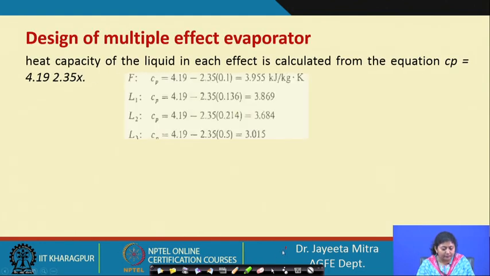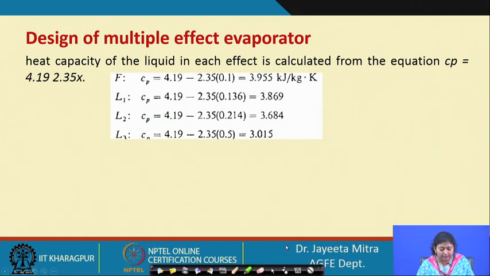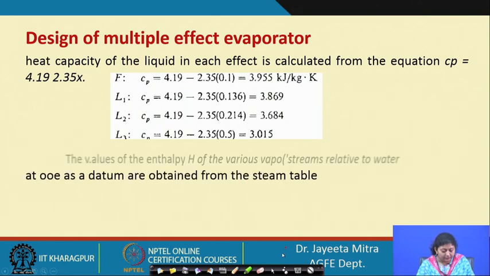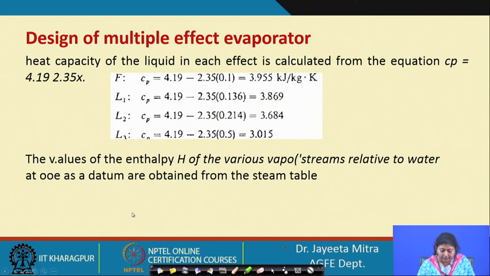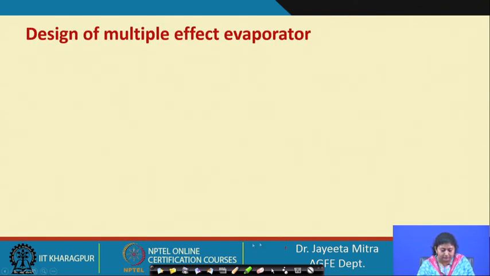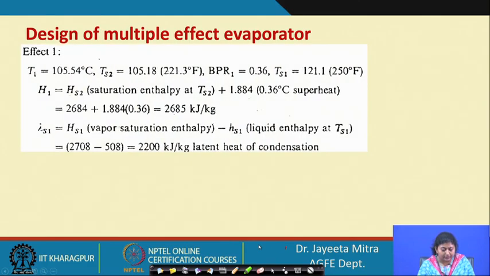The heat capacity formula is again given. So, all the heat capacities we will calculate and use the 0 datum temperature to make all the heat balances in the first effect, second effect and third effect.